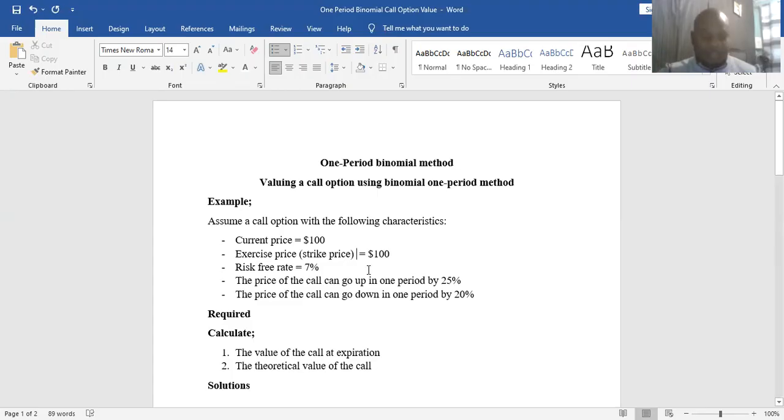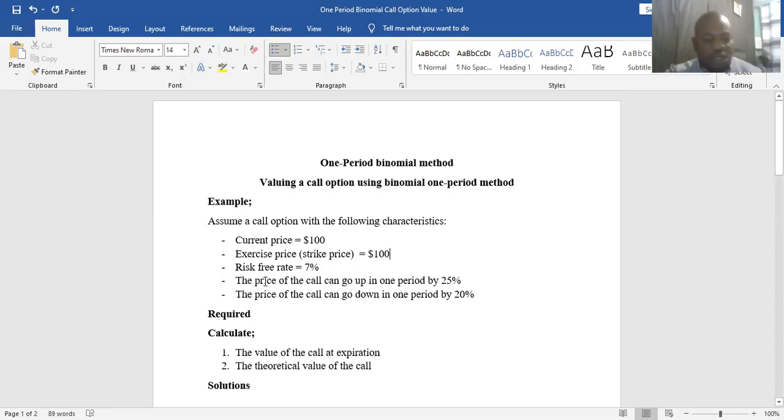The current price is the price at which a call option is currently selling, and the exercise price is the price at which a call option will be exercised in future.